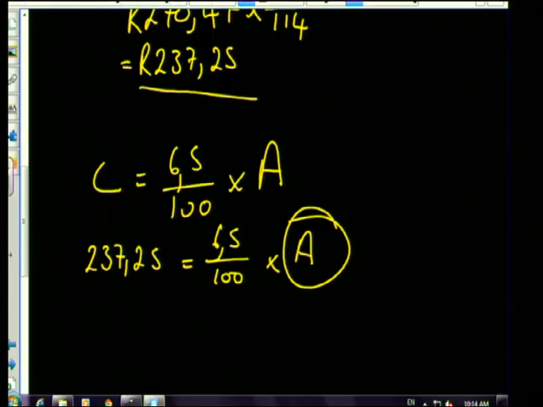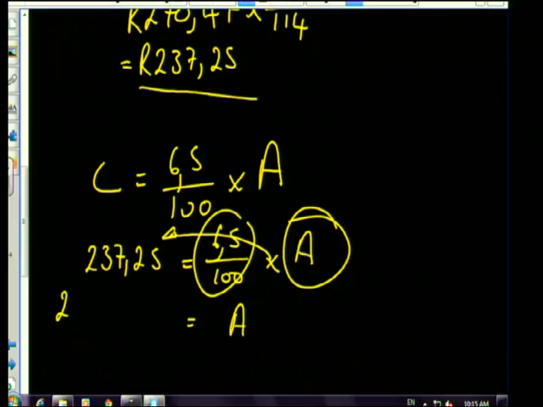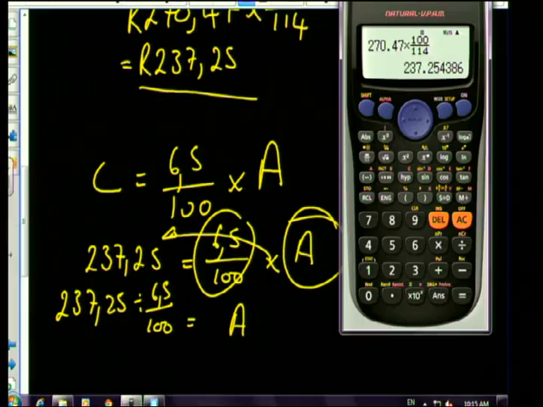How do I get that A by itself? I've multiplied by 6.5 over 100, so take it across and divide by 6.5 over 100.